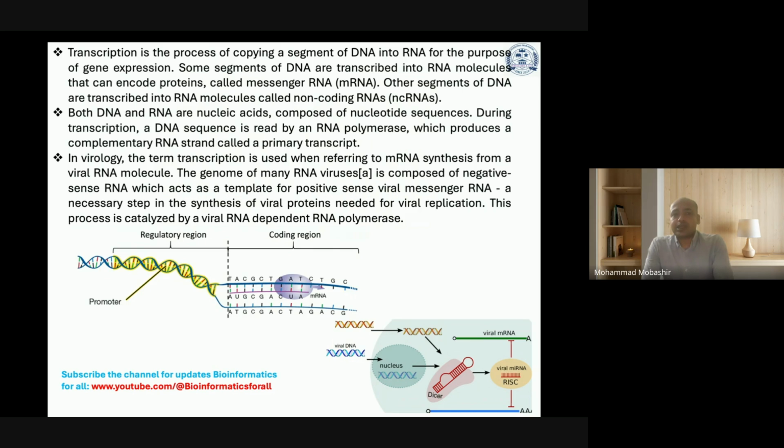This process is catalyzed by a viral RNA-dependent RNA polymerase. And here you can see clearly how the normal transcription looks like and how the viral transcription could look like. So the left side figure is the normal transcription process, while the right side figure is for viral transcription.